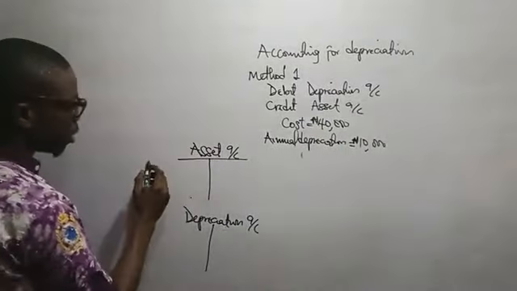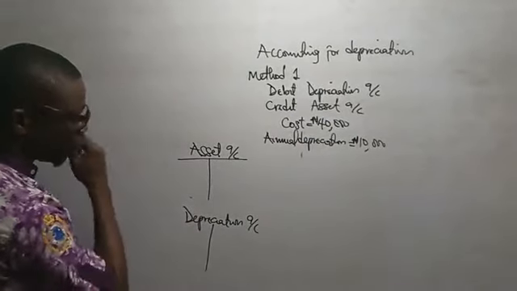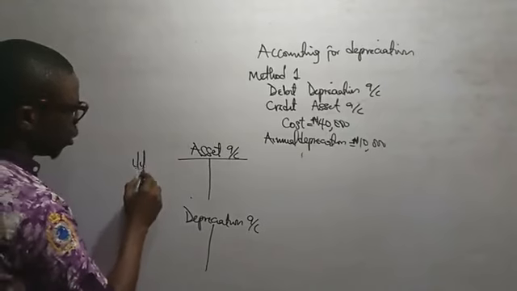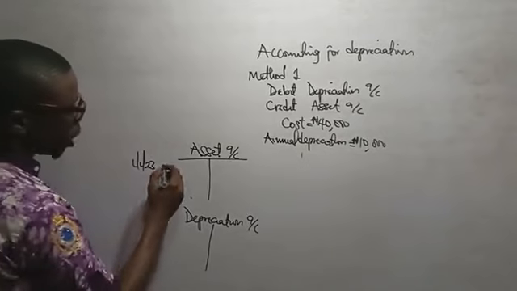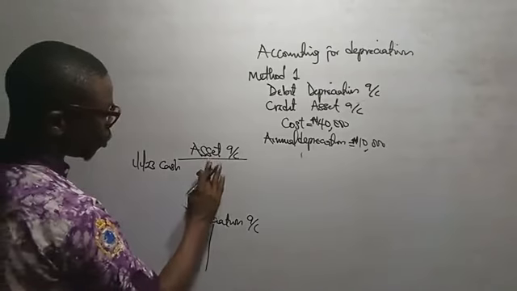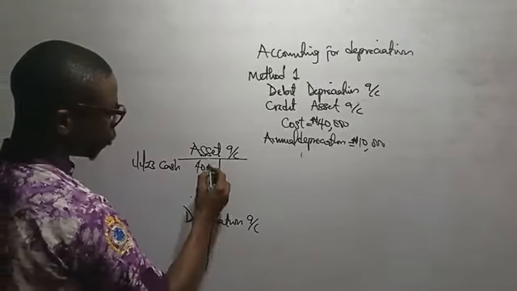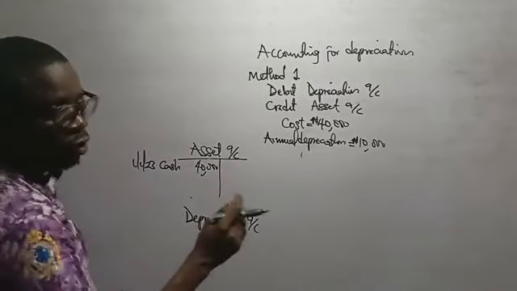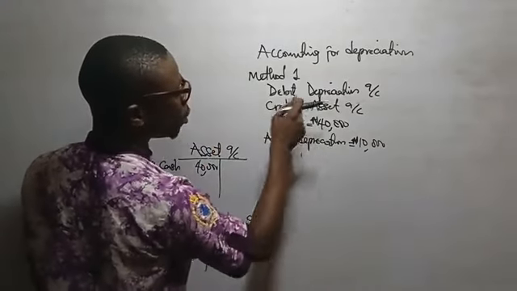That means this 40,000 naira will be the balance, let's say it was bought on 1st January 2023. It will be cash, 40,000 naira.